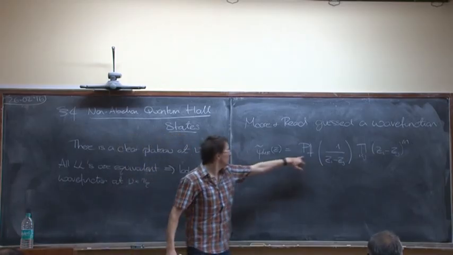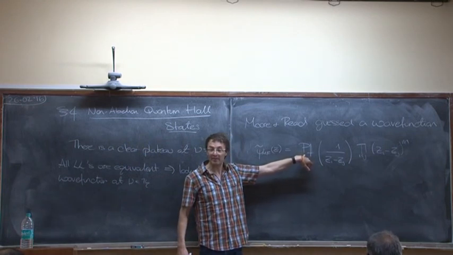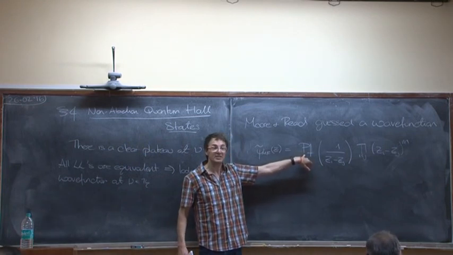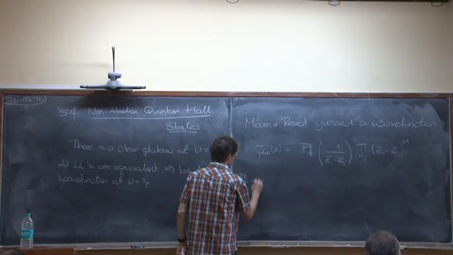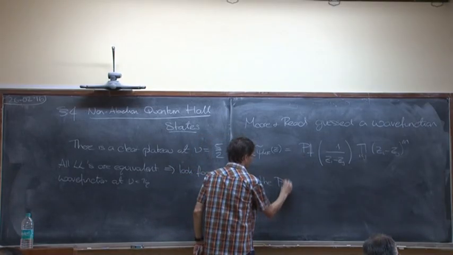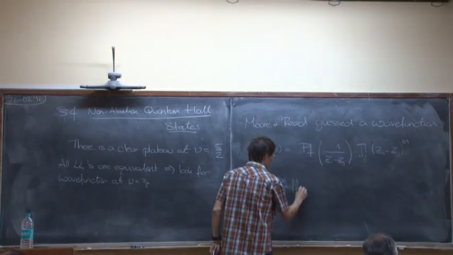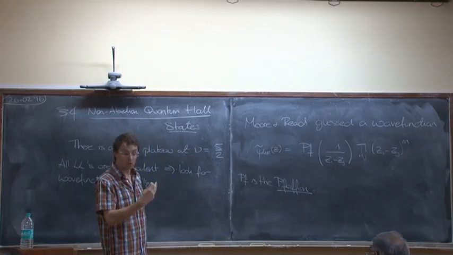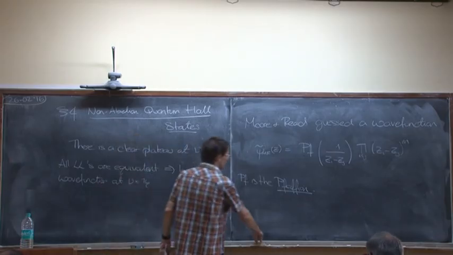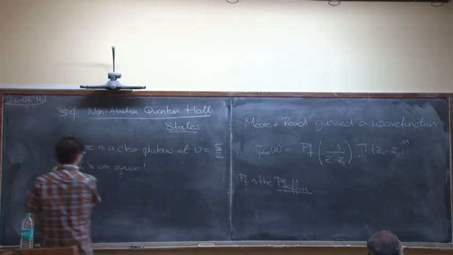Okay. So what I need to do is just explain what this symbol PF stands for. PF is the Pfaffian, and let me just remind you, or tell you, what a Pfaffian is in case you have no idea.